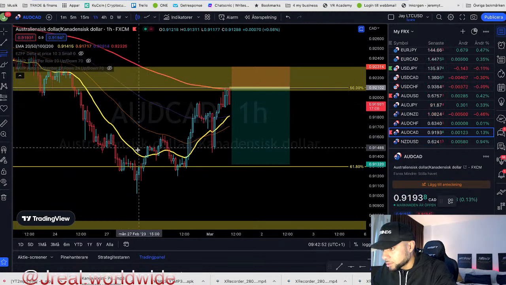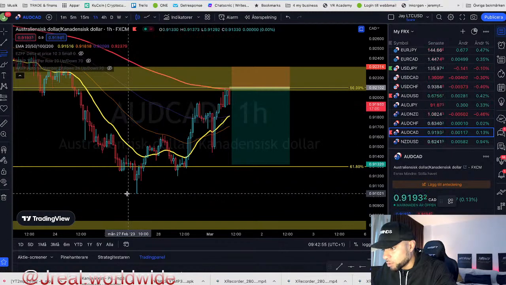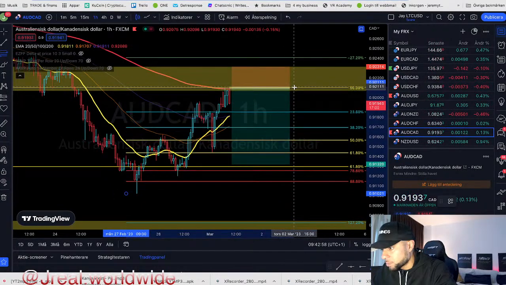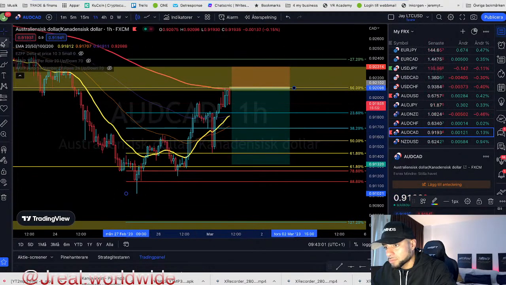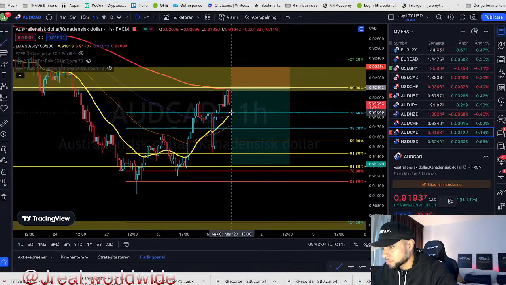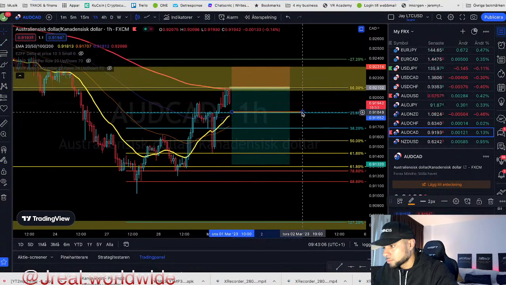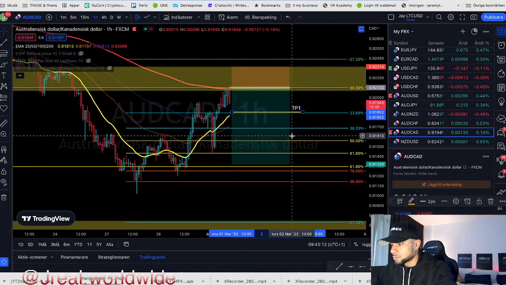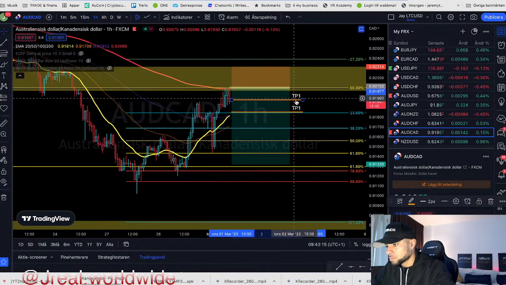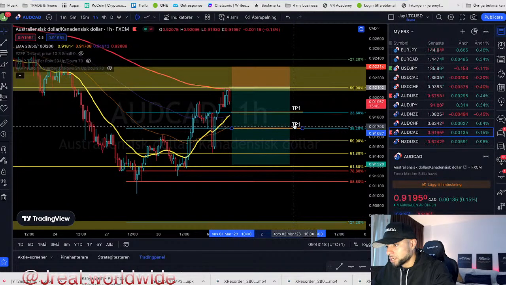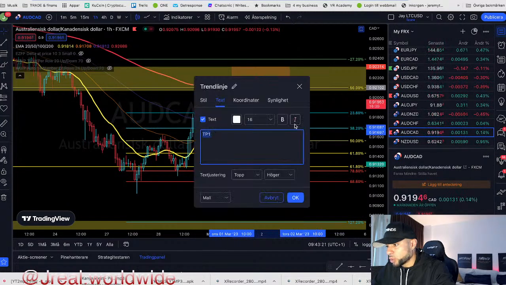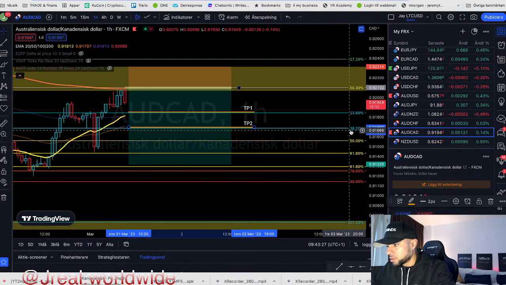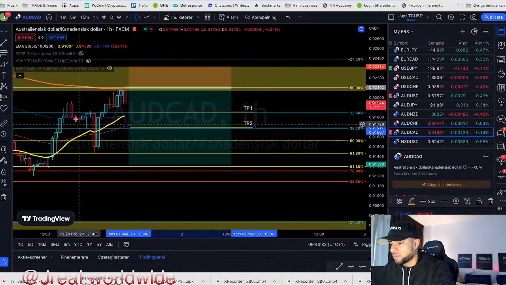Let's do this. So basically that will mean that we got a swing with a top here. Next one will be here. Remember what I said, I'm always putting the take profits just above the Fibonacci retracement level, because sometimes the market plays with us and reverses just above it.